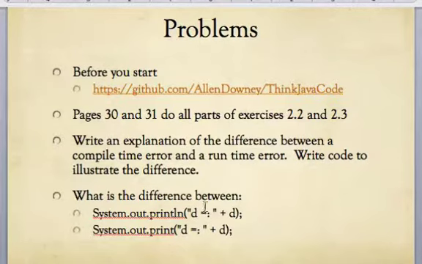And then also I want you to explain the difference between these two pieces of code, System.out.println and System.out.print. What will be the difference in the outcome? Okay, there you go, chapter 2.